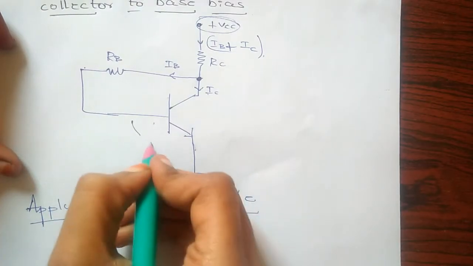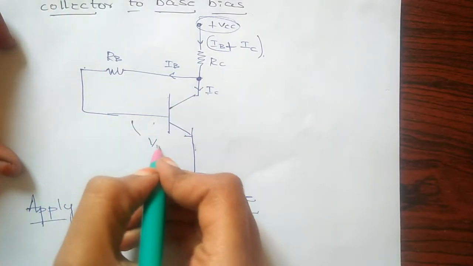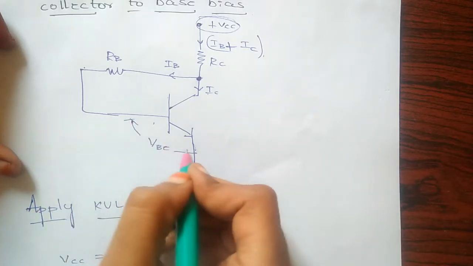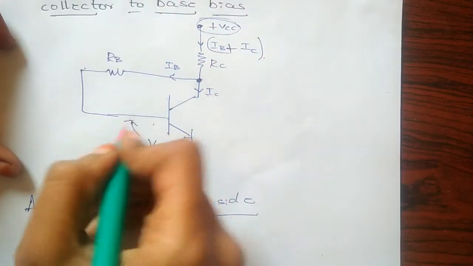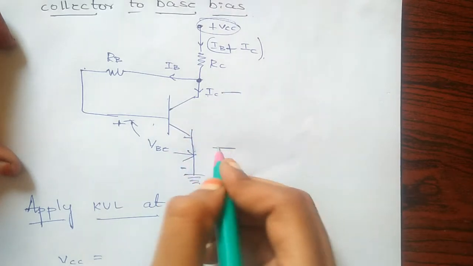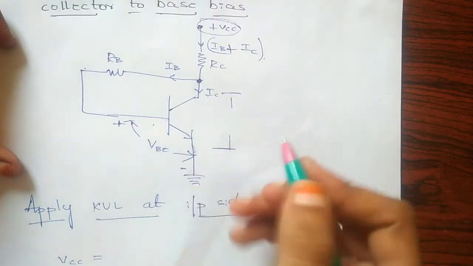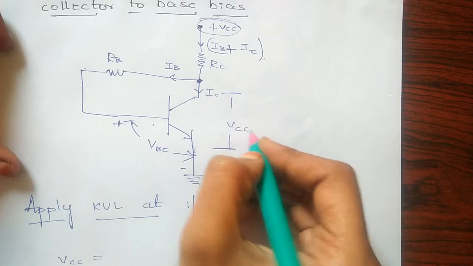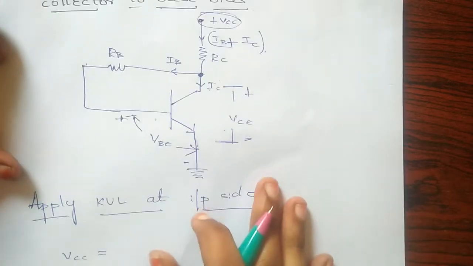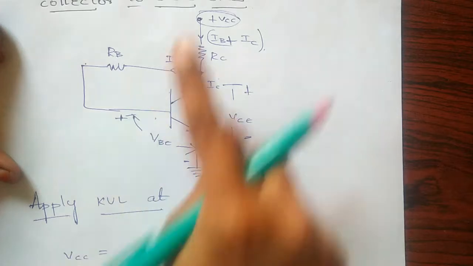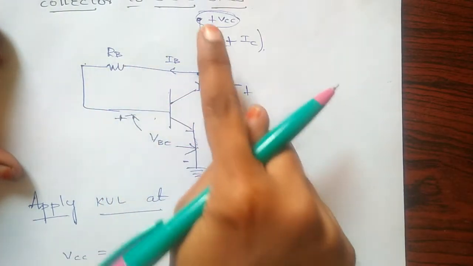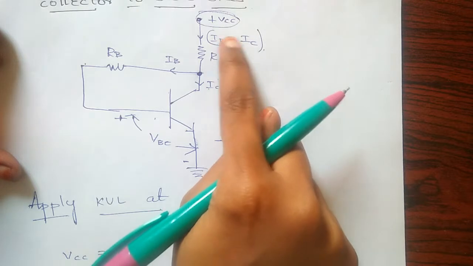So the voltage we have here is VBE, base and emitter, plus and minus. And the voltage we have here is VCE, plus minus.